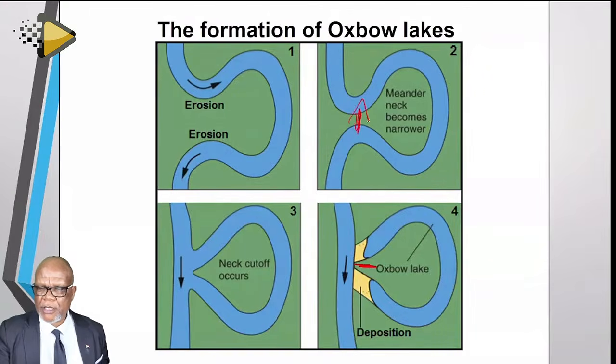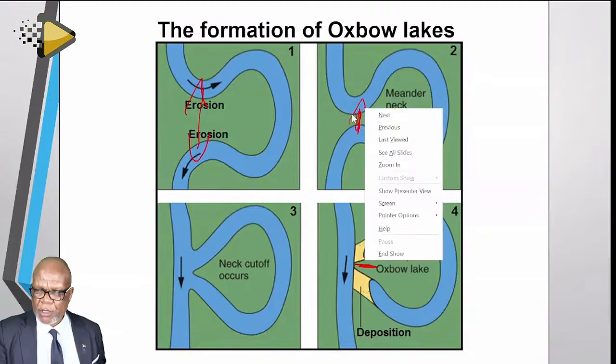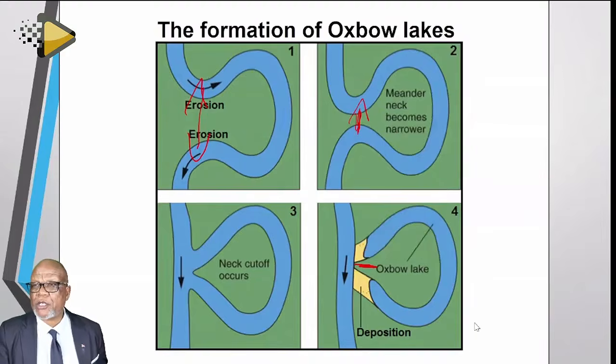The meander neck here, you can see, is wider. At 2, you can see the meander neck is narrowing. It's narrower than at 1. And here you can see the meander neck has already been cut. Now we have an oxbow lake.